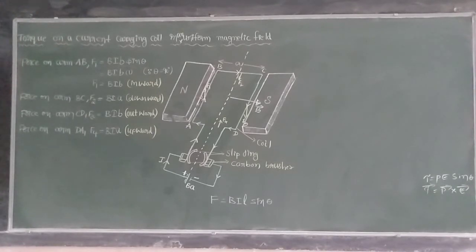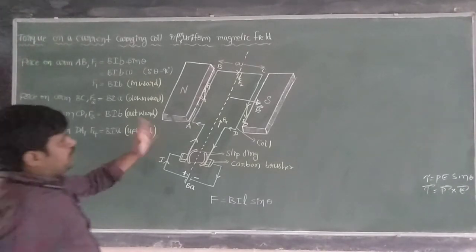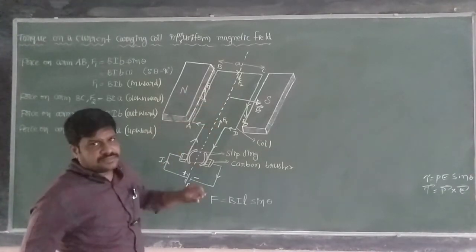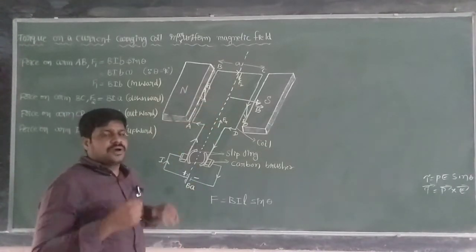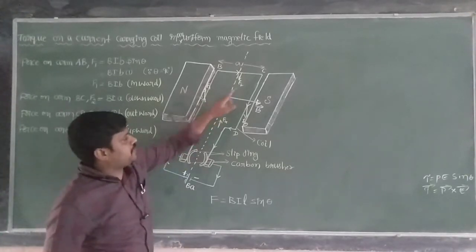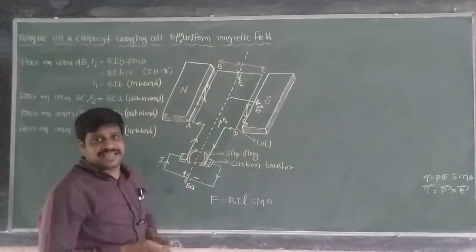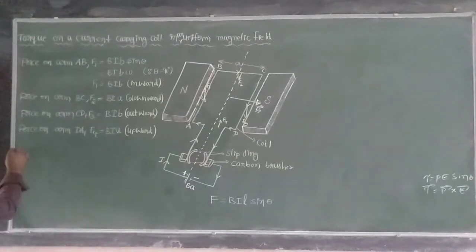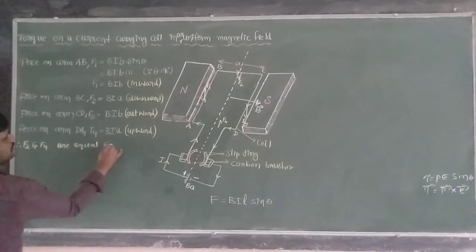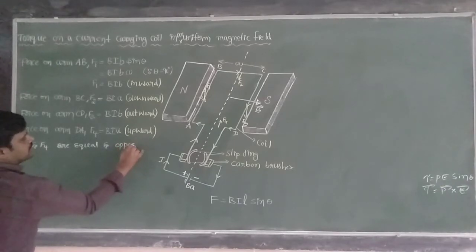From the diagram, F2 and F4 are equal in magnitude and opposite.